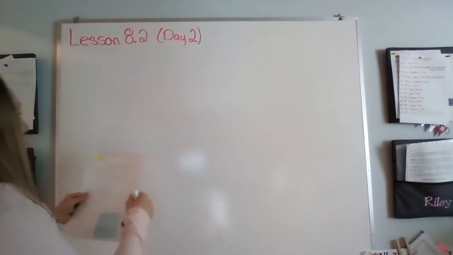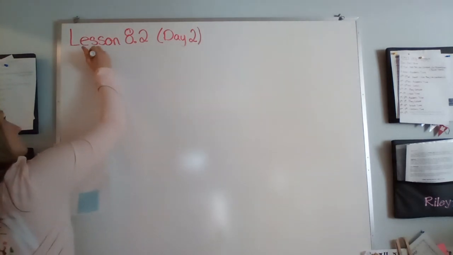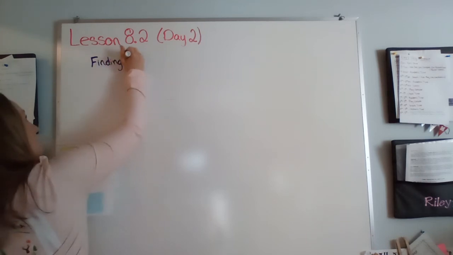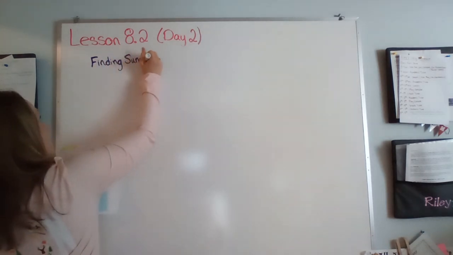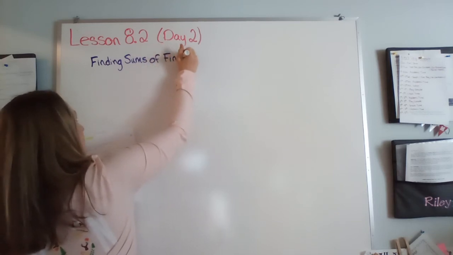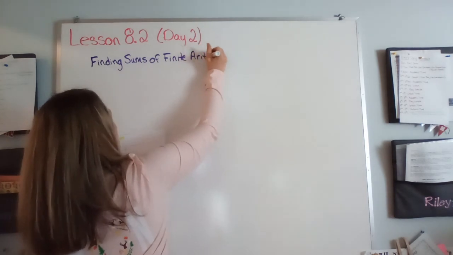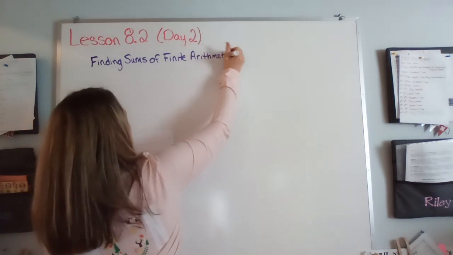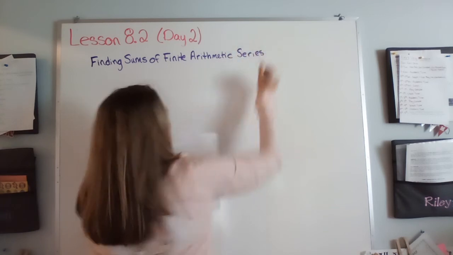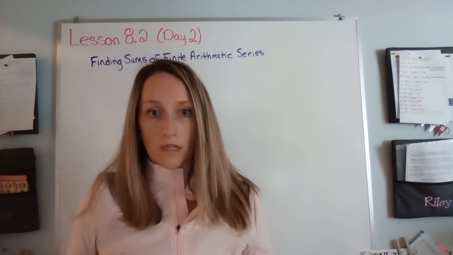So, in order to do the next example, I need to give you a formula. This is for finding sums of finite arithmetic series. Remember, we talked about finite versus infinite. Remember, when we talk about a series, we're talking about the sum of all of the terms in the sequence.